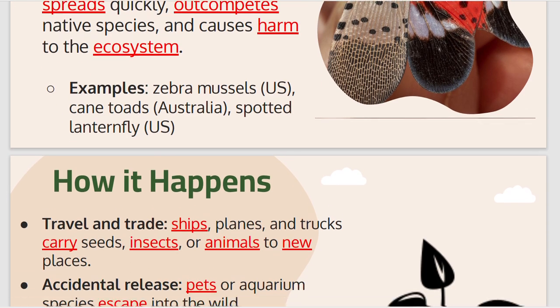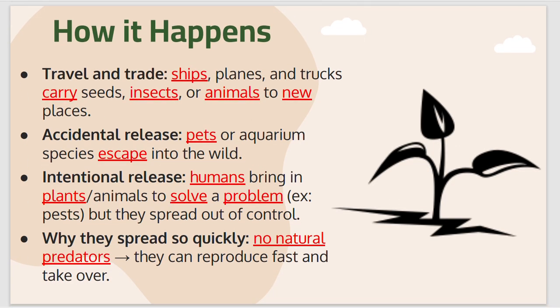So how does it happen? Again, this is considered a human impact because humans are bringing these species over. It is humans causing these species to come to new areas where they ultimately destroy the new environment. A common way that invasive species travel is through travel and trade. Things such as ships, planes, and trucks carry seeds, insects, and animals to new places.